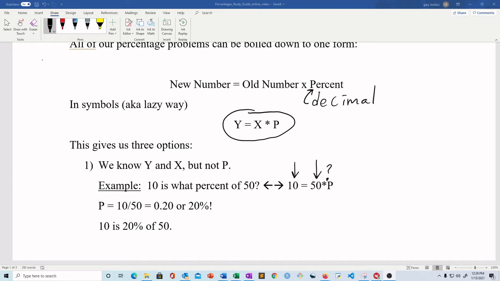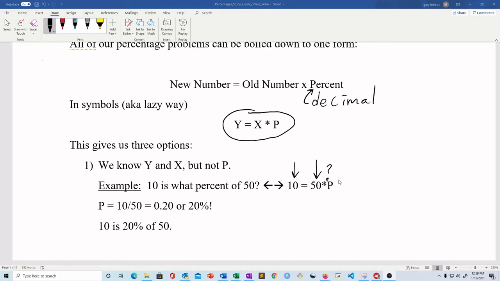So this goes back to our algebra. What do we do to solve for a variable like p? We take all the other numbers and move them away, and the way you do that is you have to do the opposite. So 50 is attached to p using multiplication. What's the opposite of that?